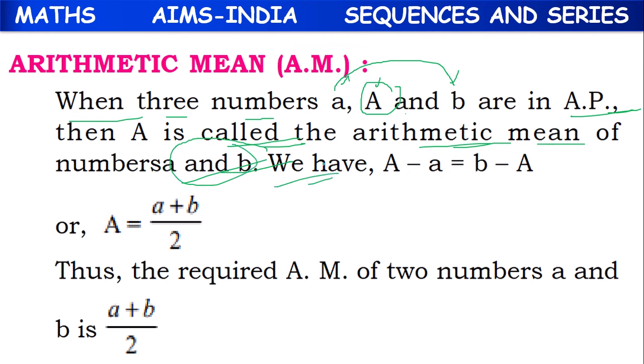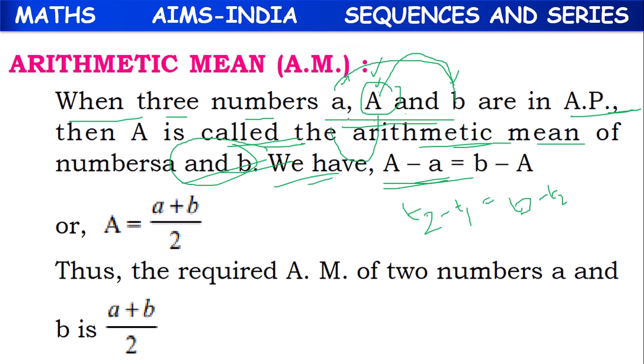So here, we know that in an arithmetic progression, the common difference will be the same. If the middle one is the arithmetic mean of the first one and the last one out of three terms, according to the common difference concept, we can take T2 minus T1, second term minus first term, equal to T3 minus T2, third term minus second term.